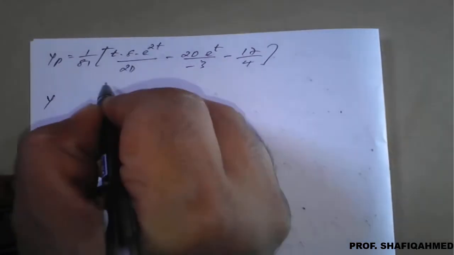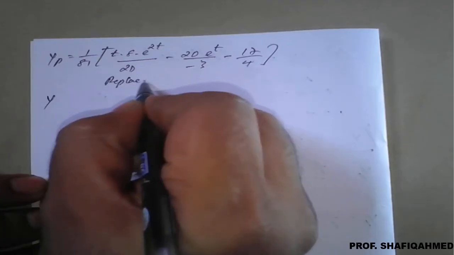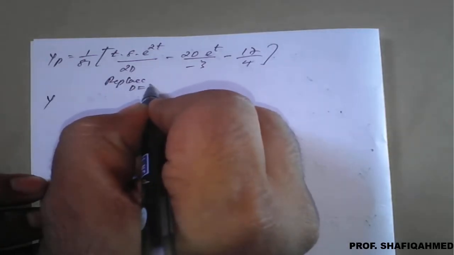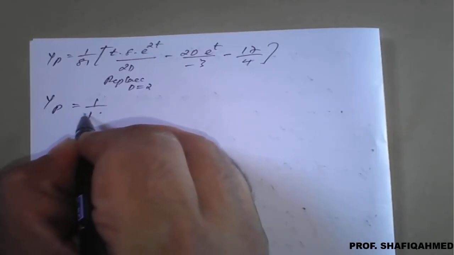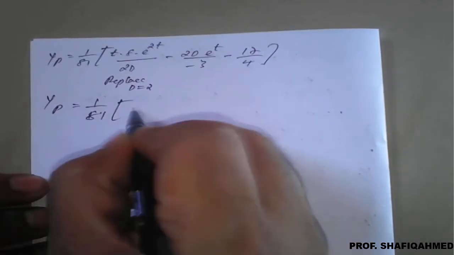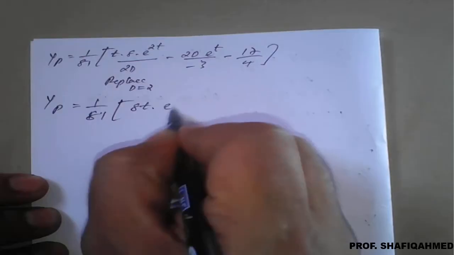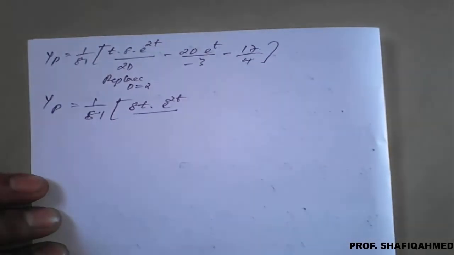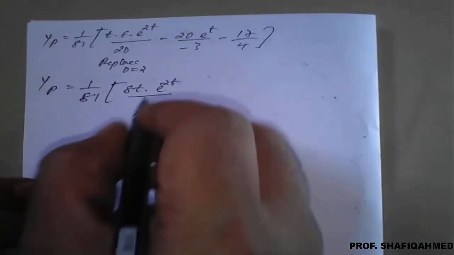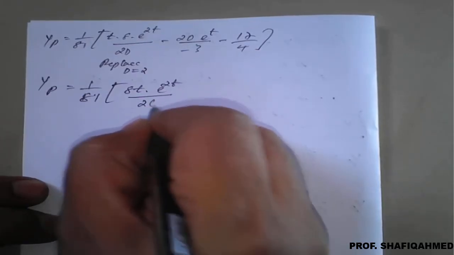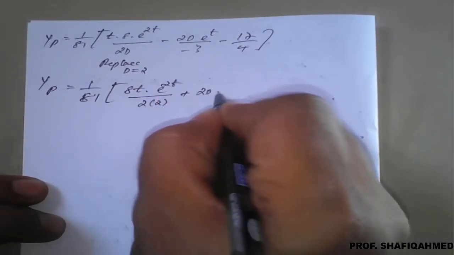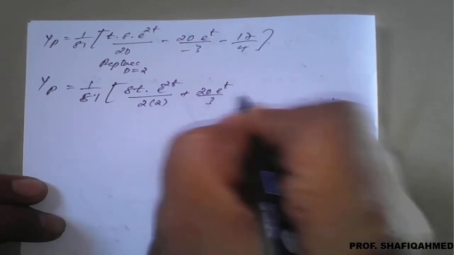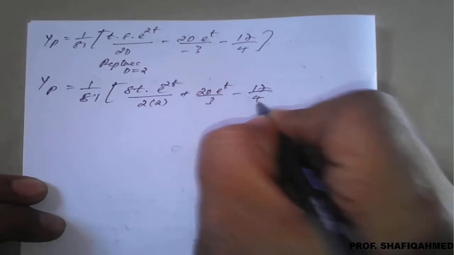So here you replace d equal to 2, so yp will become 1 upon 81 of 8t into e raised to 2t divided by 2 into 2, plus 20 e raised to t upon 3, minus 17 upon 4.